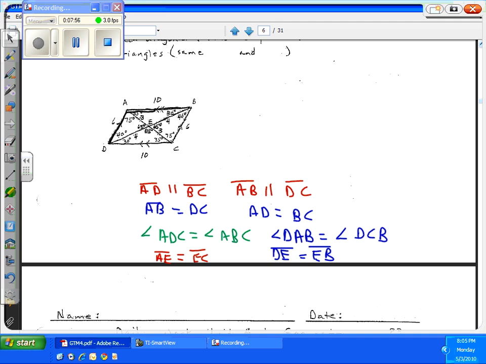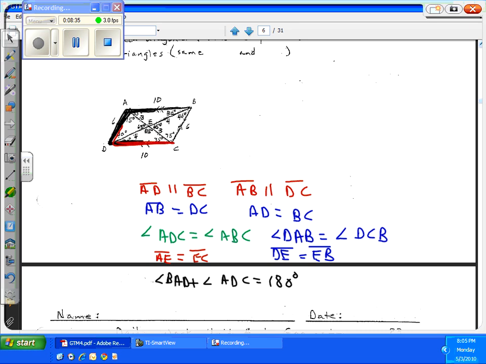Consecutive angles are supplementary. You can see why they make a C. Same sides make a C, and they're supplementary. But consecutive angles are one right after the other. So we can say that angle BAD plus angle ADC is equal to 180 degrees. Same side interior angles are supplementary, which proves that consecutive angles are supplementary.